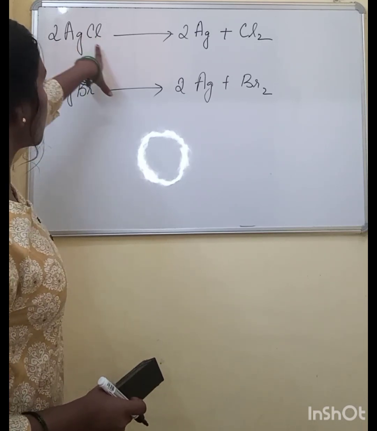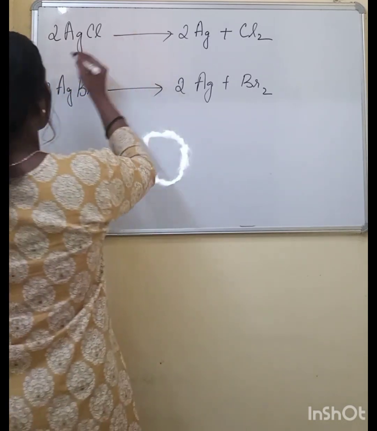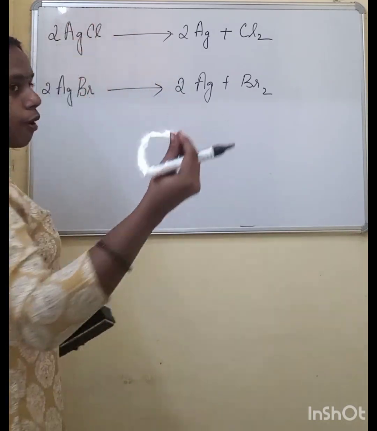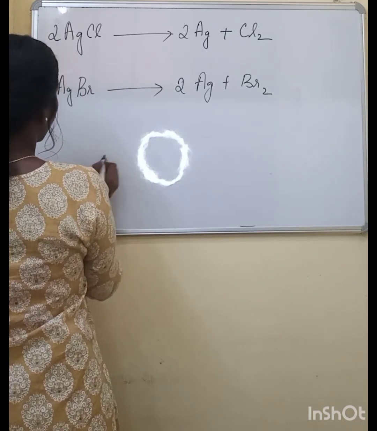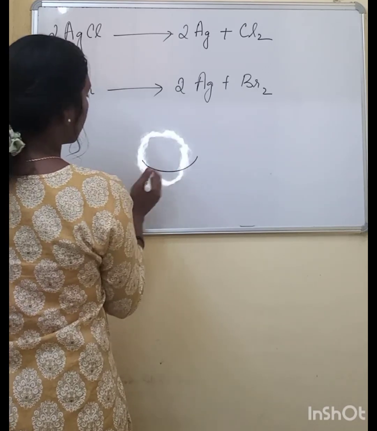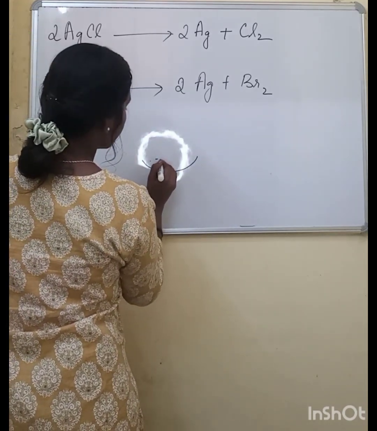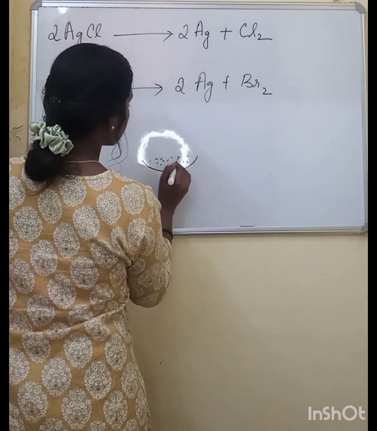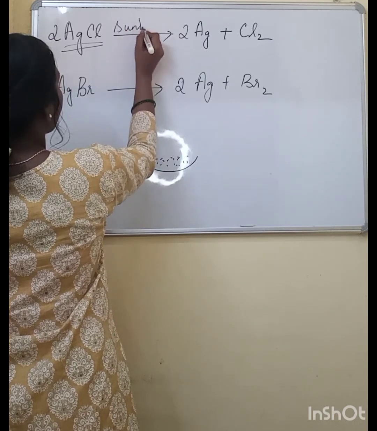So AgCl, silver chloride. Now this silver chloride is in the form of powder. In your textbook it is given that you take a china dish. A china dish looks something like this, or a watch glass. To it you put AgCl powder. And this AgCl is exposed to sunlight.